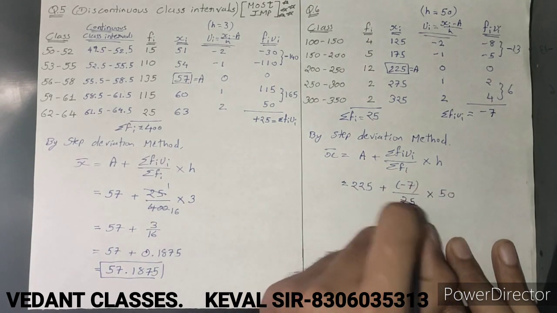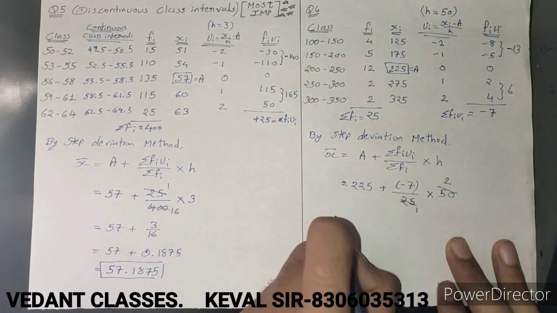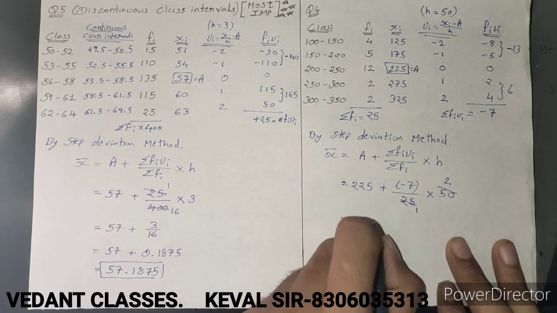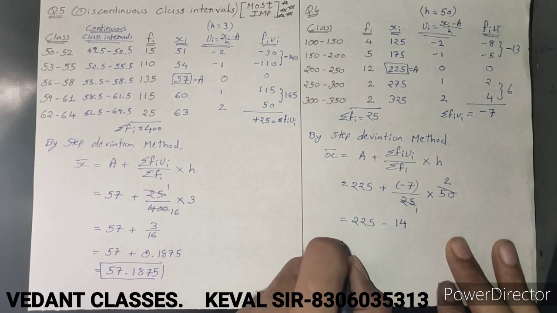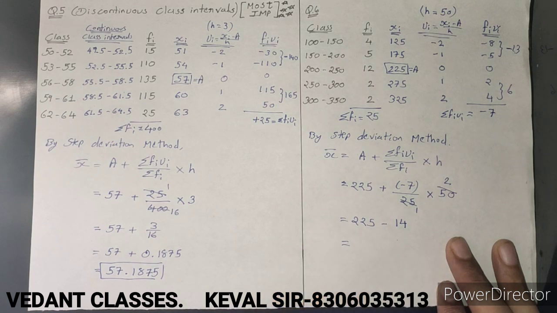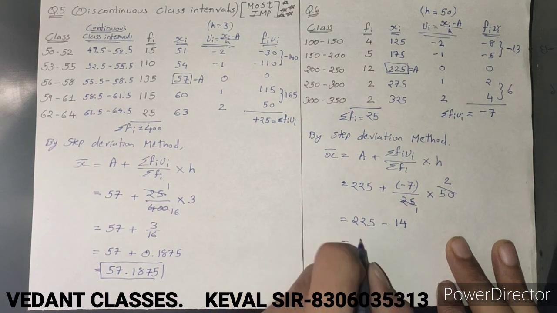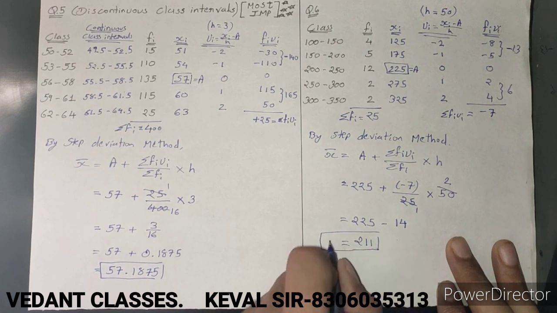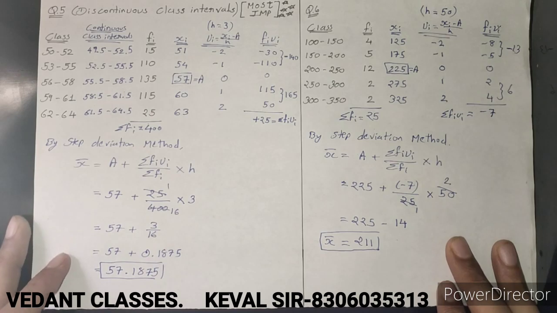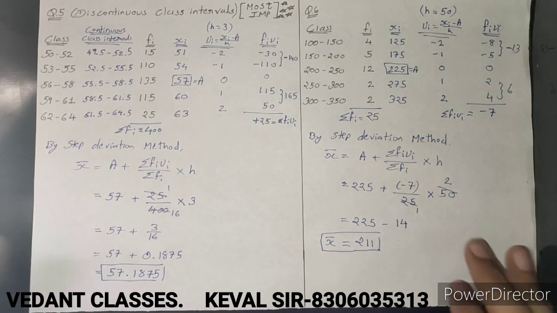So we can easily cancel it out. So it will become 225, 7 2s are 14. So when you subtract these two values, you will get 211. So this is the value of mean. Okay, so 211. Now let's solve the next questions.